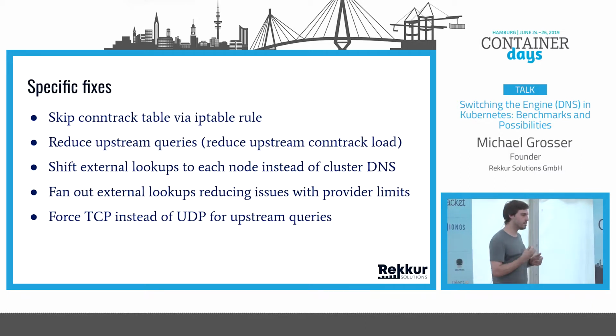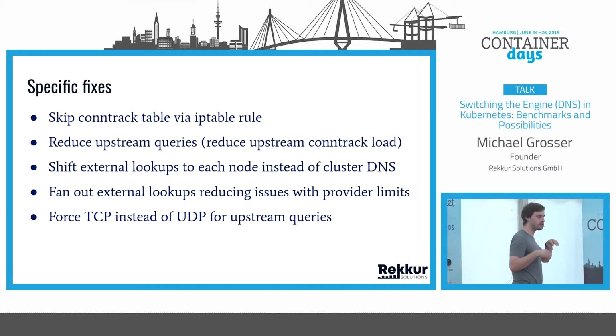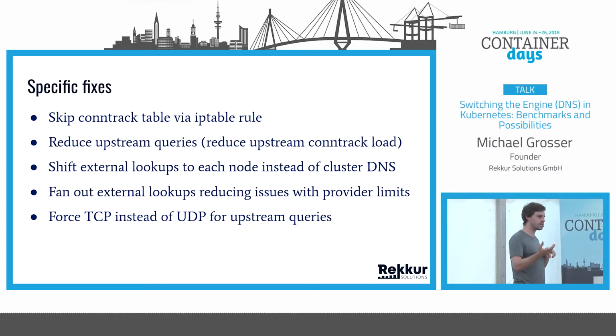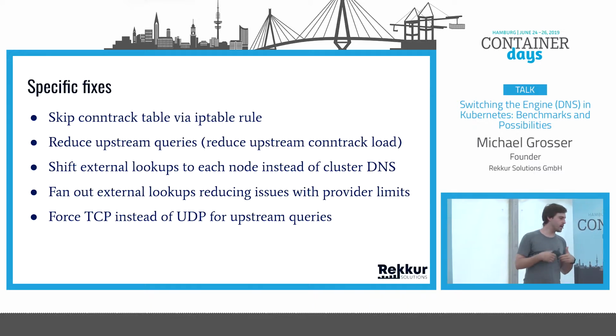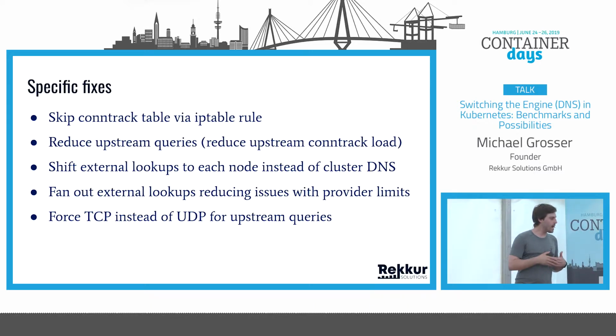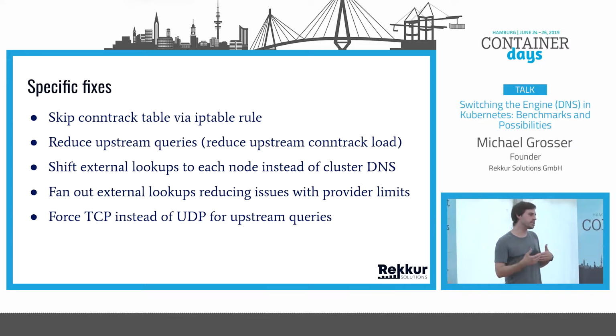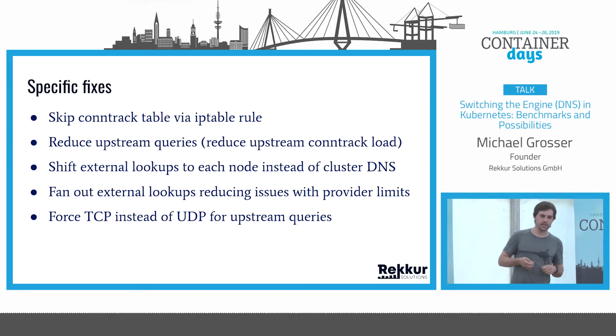We still have the same issue going from the node-local client to the DNS cluster, but we already reduced the upstream query load. And due to the ability to upgrade connections, because we control the client and the server, we can upgrade to a TCP connection. So UDP comes in, we upgrade the connection to TCP.